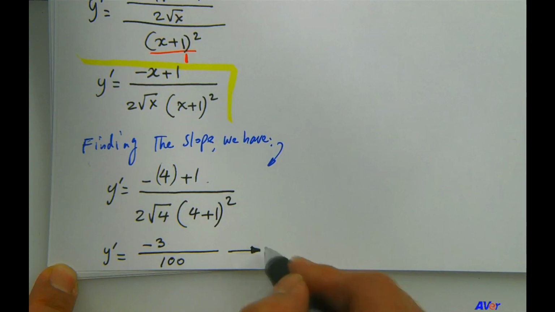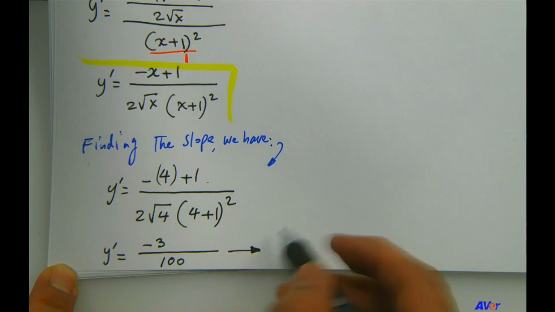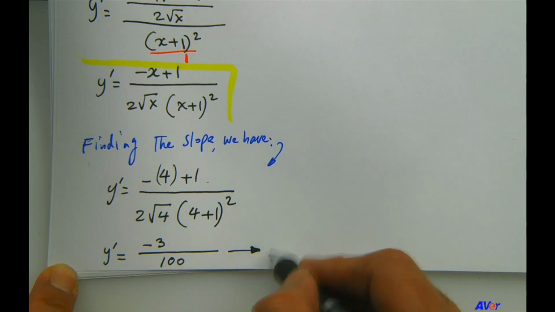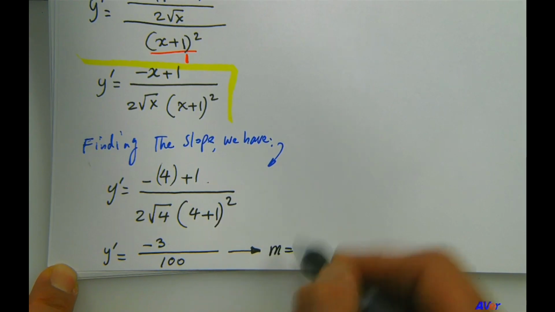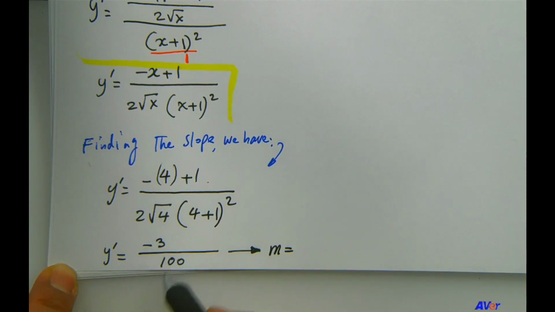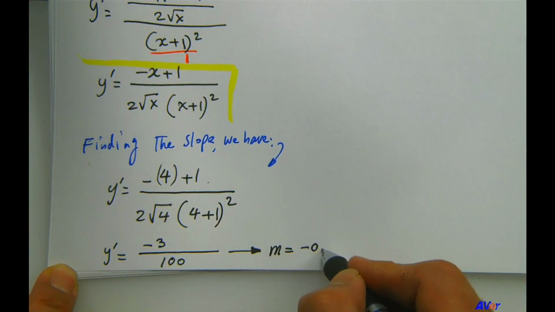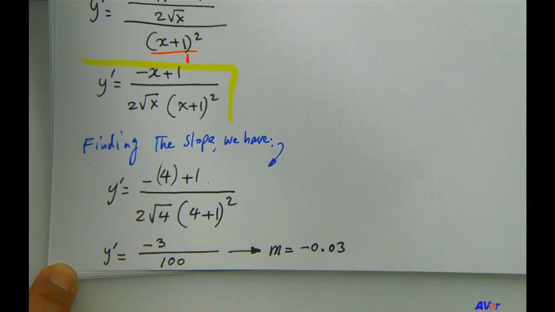So, in other words, the slope, or m, would be minus 3 over 100, minus 0.03.